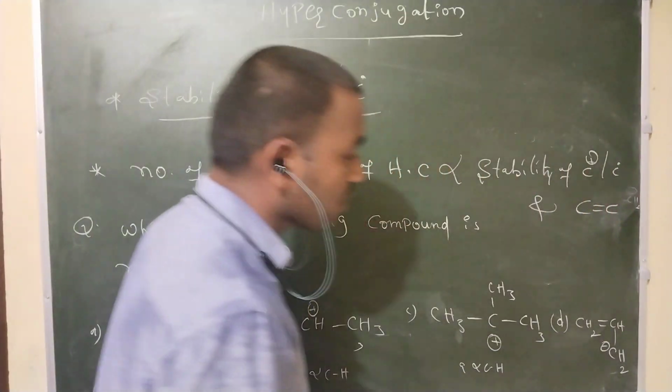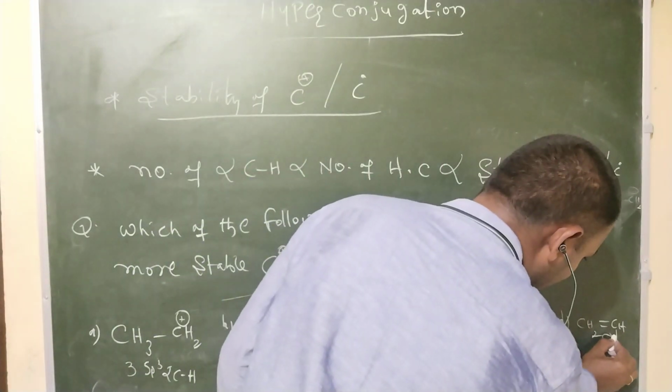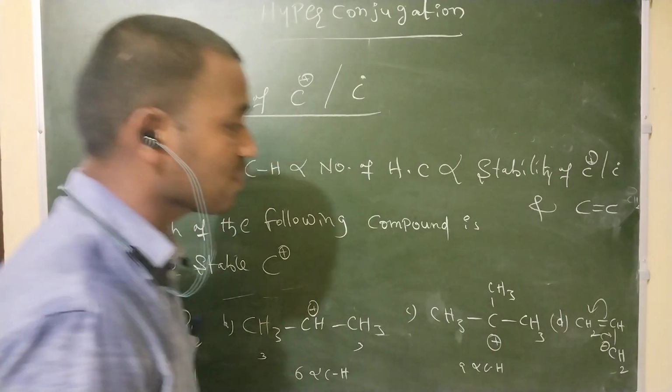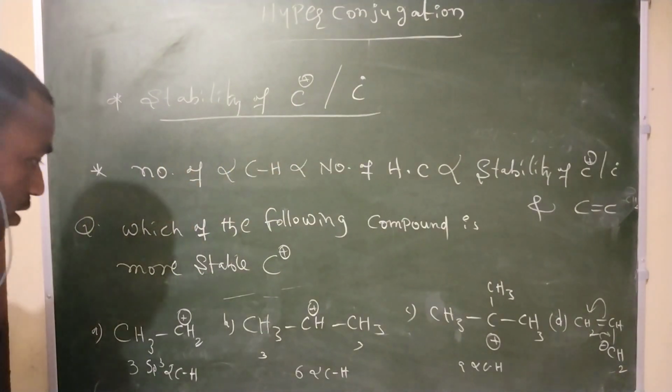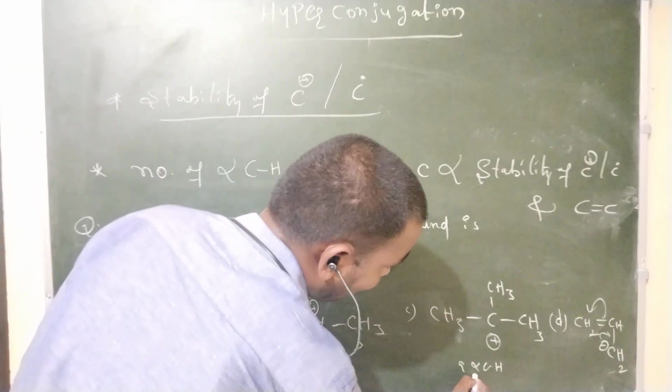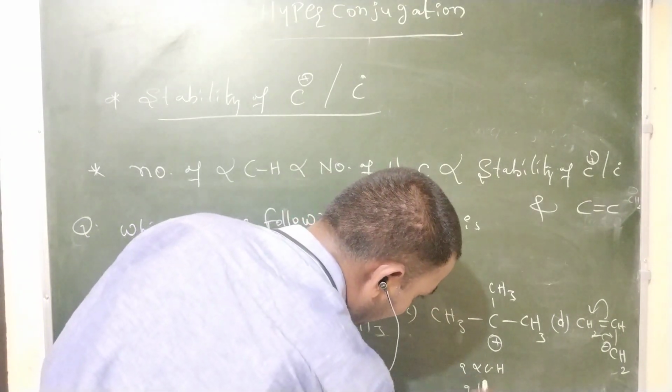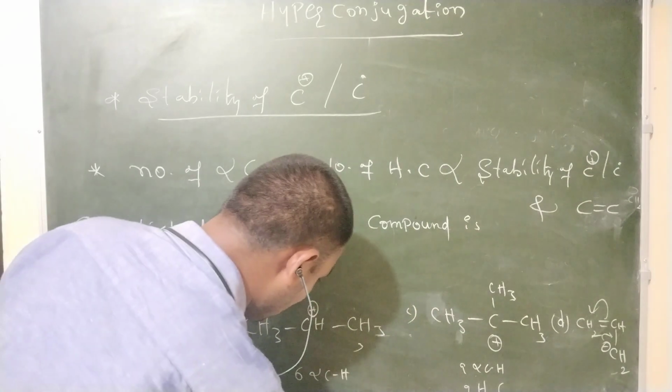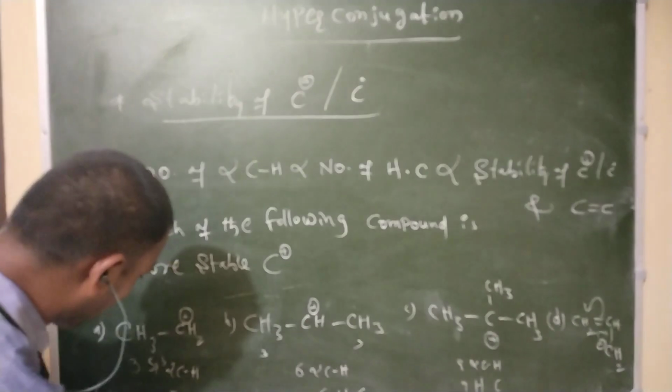Here we are not observing hyperconjugation structures, but we are observing resonance. Fine. So in this case, with 9 alpha hydrogens we are observing 9 hyperconjugations, here 6 hyperconjugations, here 3 hyperconjugations.